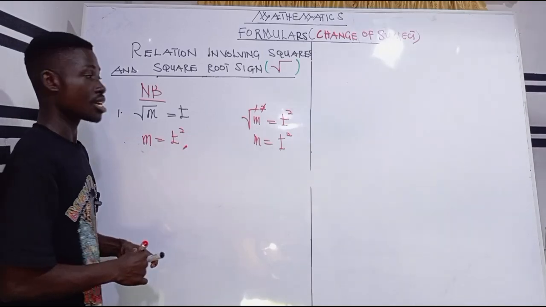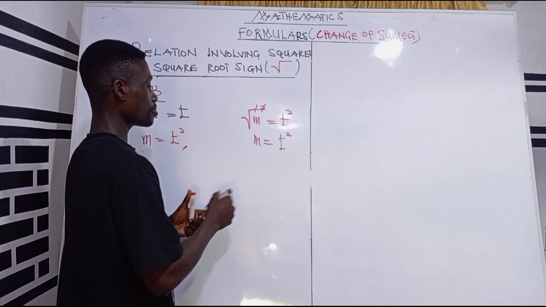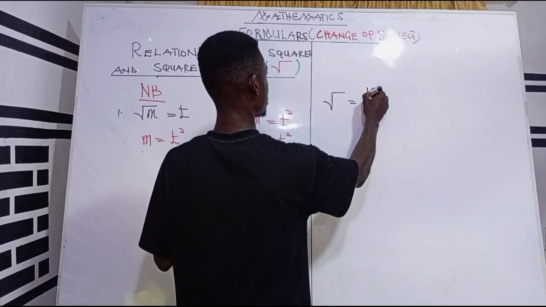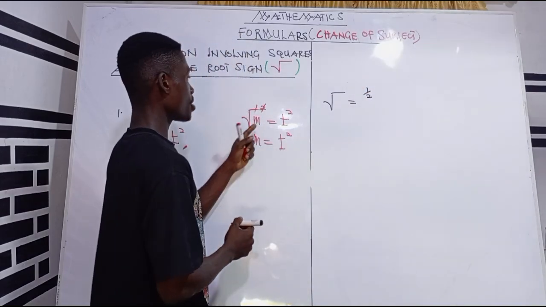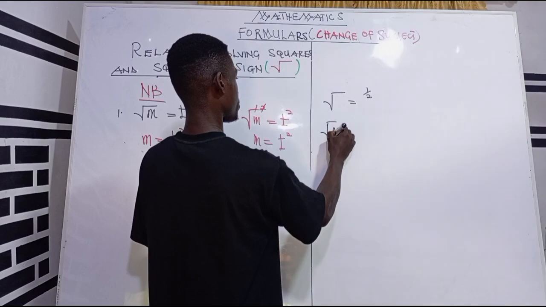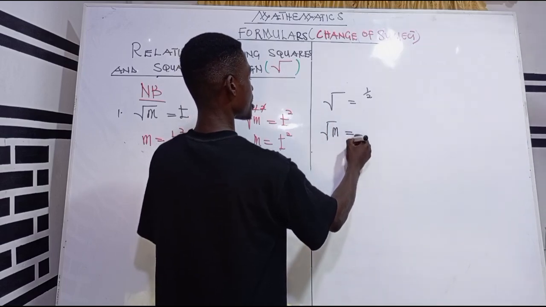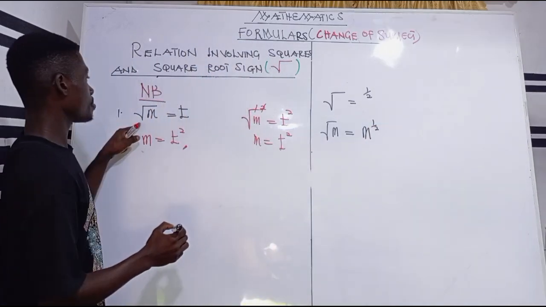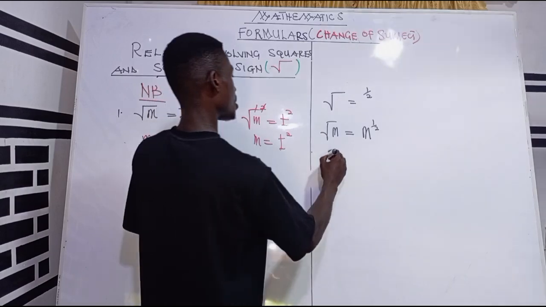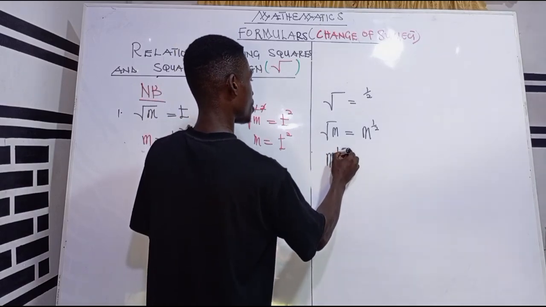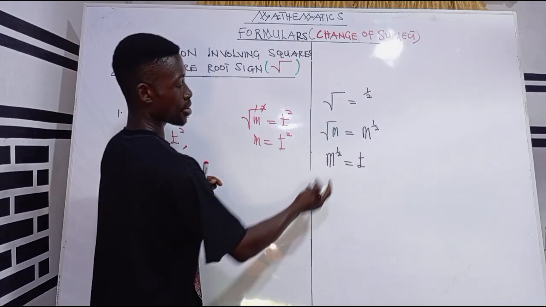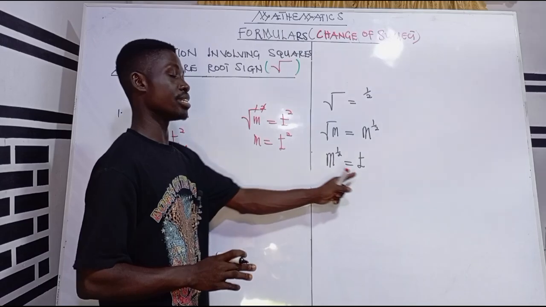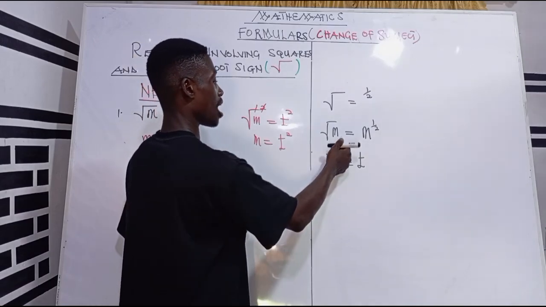But remember that in indices, the root sign is the same as a power of what? Half. So root of m is the same as m power half. So root m which is equal to t is the same as m power half which is equal to t. Now I realize that you want to make m the subject of this relation, but m is to the power of half.